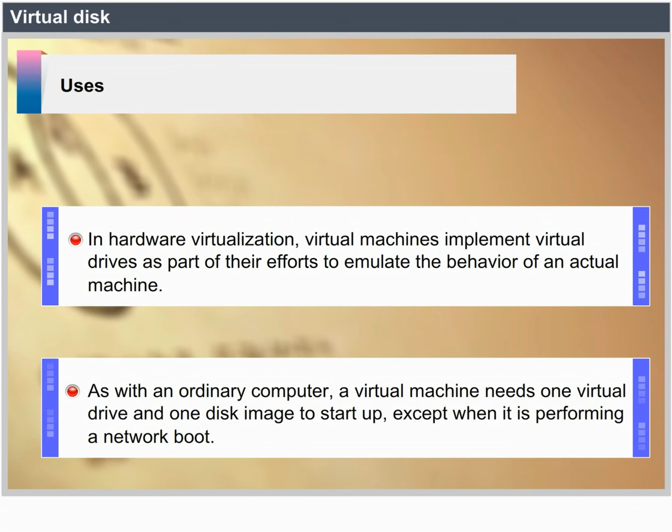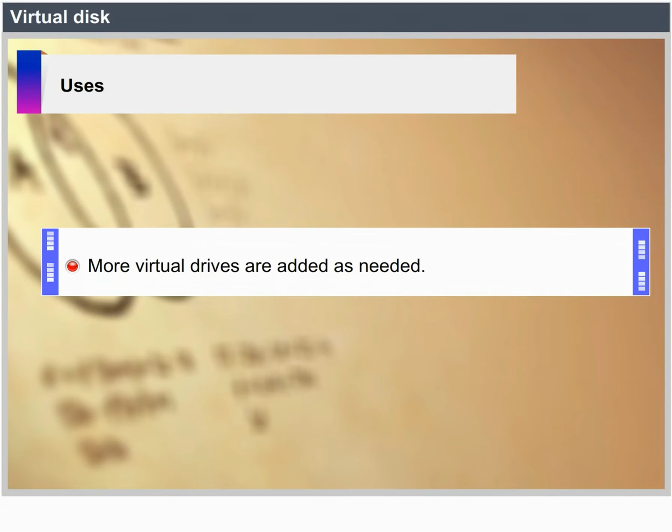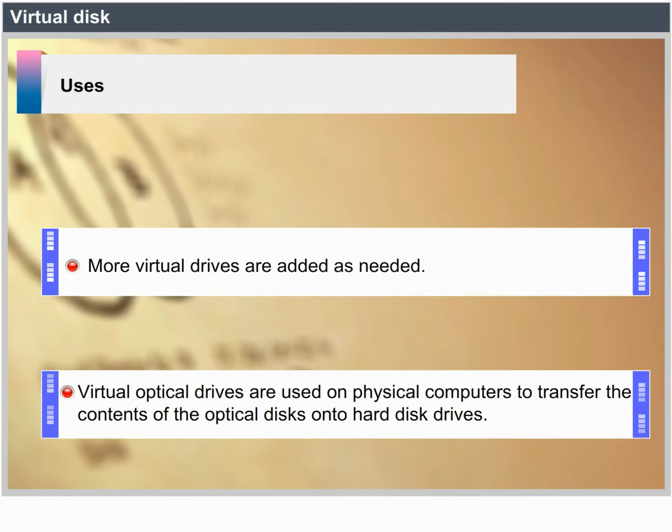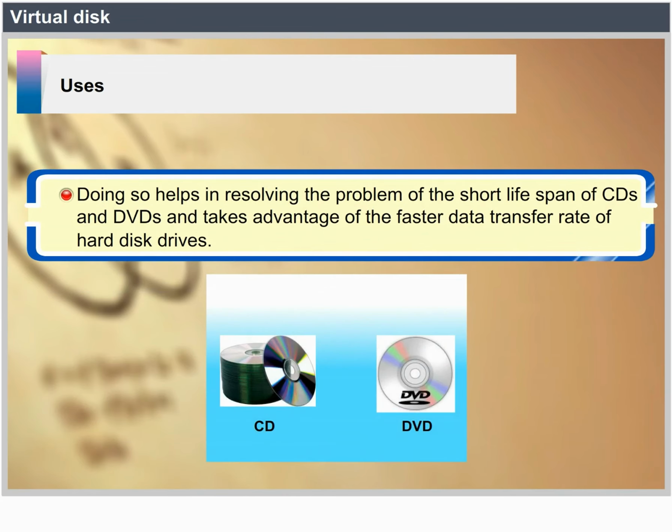Virtual optical drives are used in physical computers to transfer the contents of the optical disks onto hard disk drives. Doing so helps in resolving the problem of the short lifespan of CDs and DVDs and takes advantage of the faster data transfer rate of hard disk drives. However, virtual optical drives are also used for software piracy.